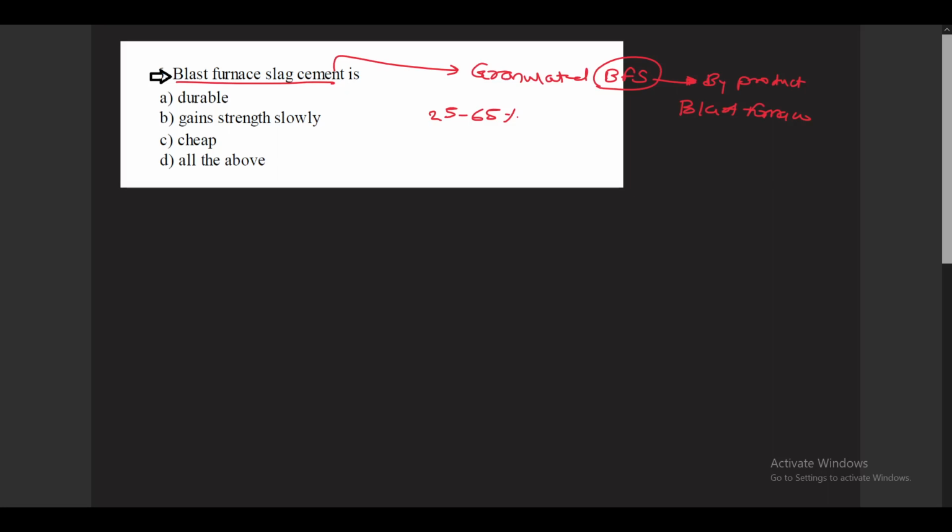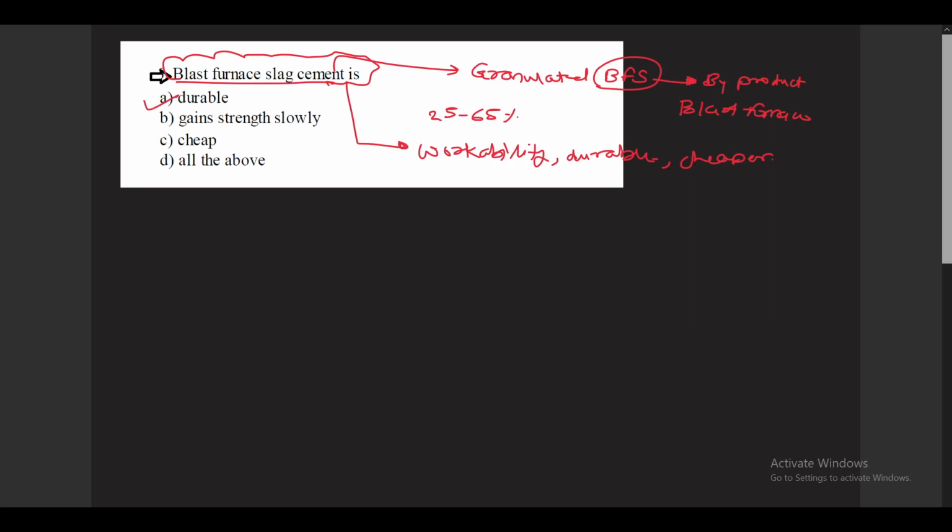These are certain advantages of blast furnace slag cement. Due to it, the workability of concrete increases, and durability also increases. As I said, it is a byproduct, which means it is cheaper compared to other materials, one of the cheaper constituents. Looking at the options one by one, the first is durable, which is correct.